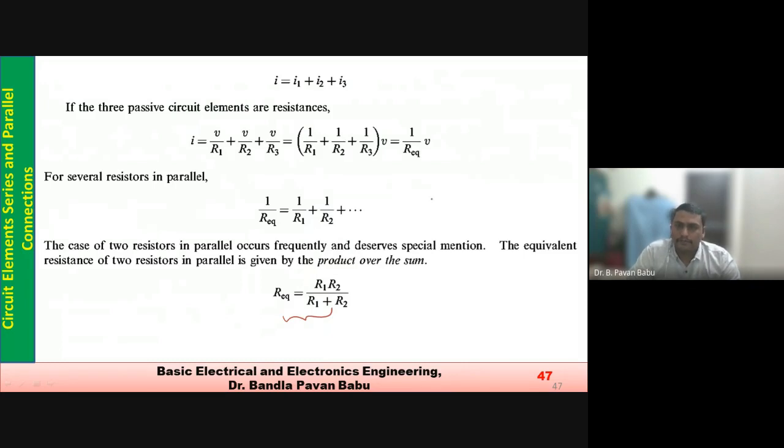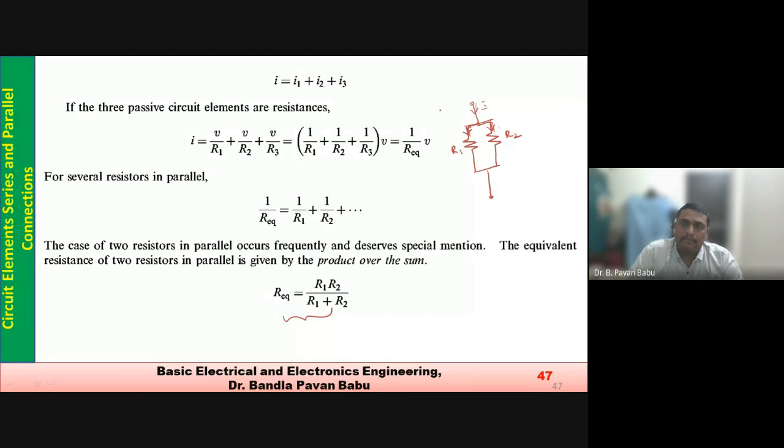If two resistors R1 and R2 are connected in parallel, you may ask how we identify that they are in parallel. The current entering here is going to split into these two elements. The current entering one element is different from the other.